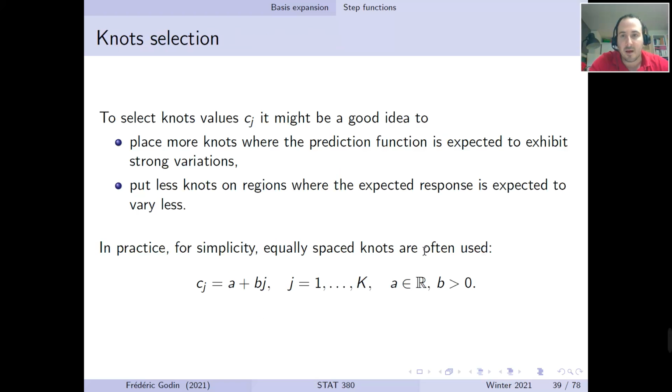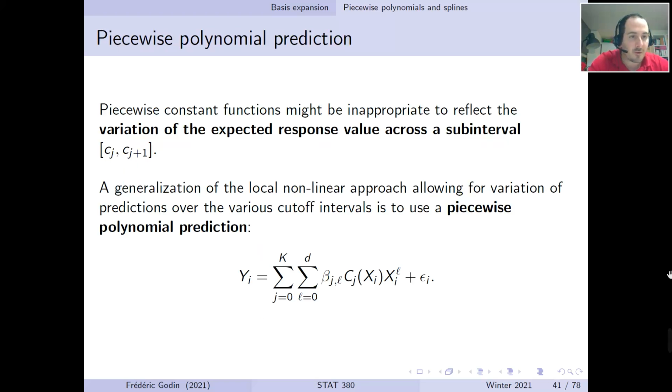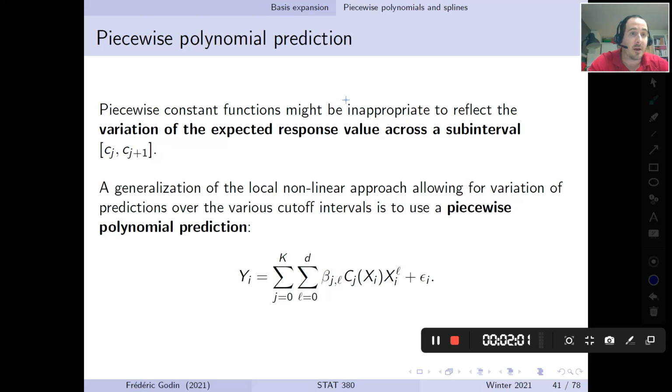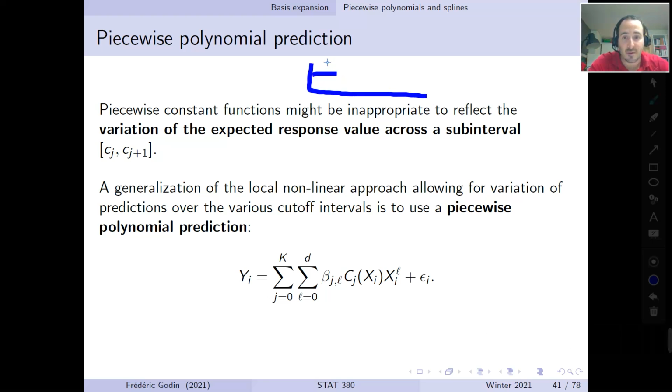And we saw that for these predictors, we obtain a predictive function like this. Okay, so we have something like this, where the height of this bar is B0, the height of this bar is B1, and etc. We continue like this.